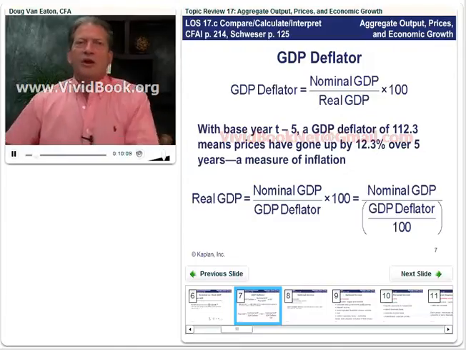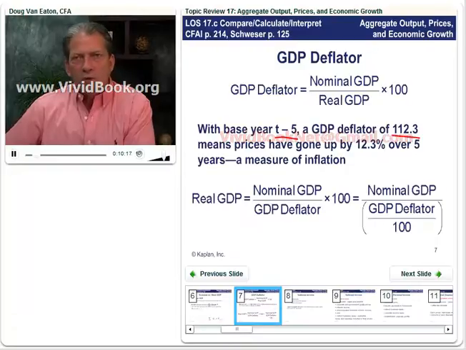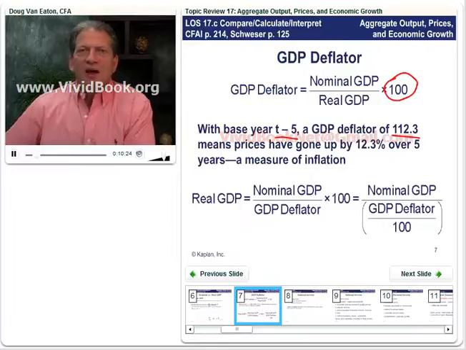Now, in this example here, we use base year 5 years ago, and our deflator is 112.3. Well, since we've multiplied it by 100, all that's telling us is that prices overall, at least according to this measure, have gone up 12.3% over that 5-year period. So how would we use that?